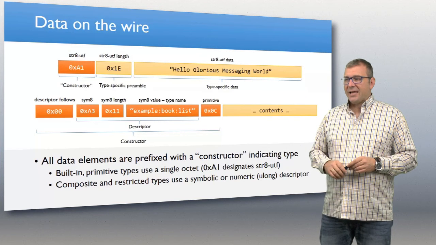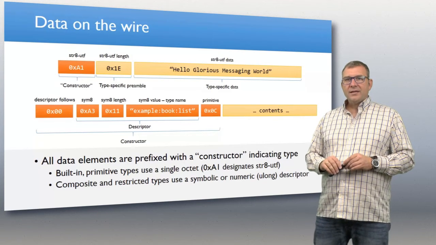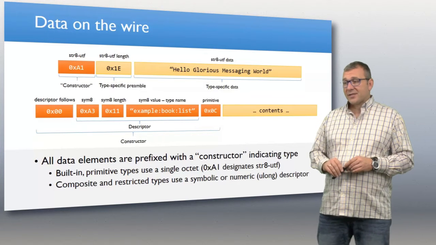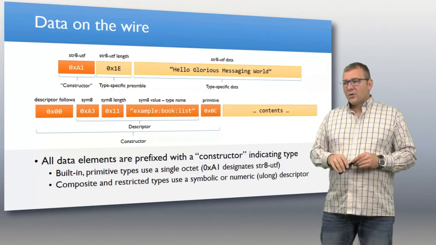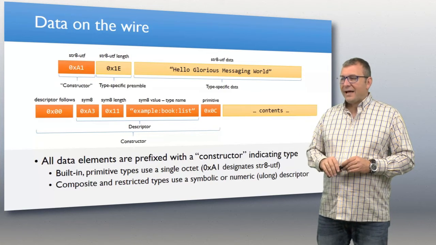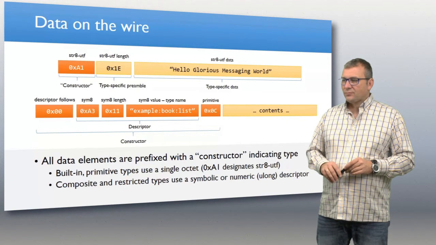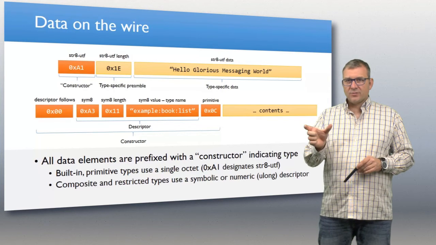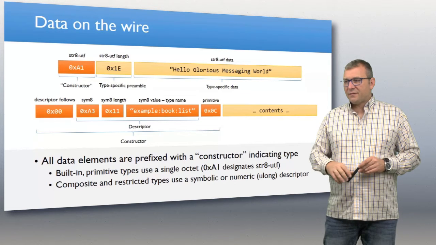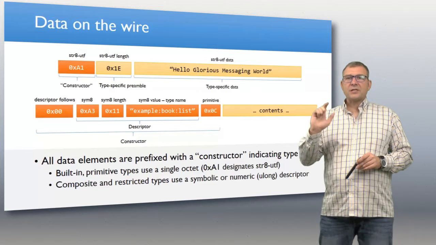You have an A3 constructor that says this is a symbol with an 8-bit length indicator, followed by the length, hex 11, and then the value for that symbol, example:book:list. That's the descriptor, which references an externally defined type, and that externally defined type is a composite type. All composite types are encoded as lists.